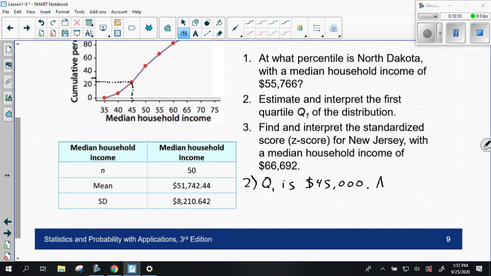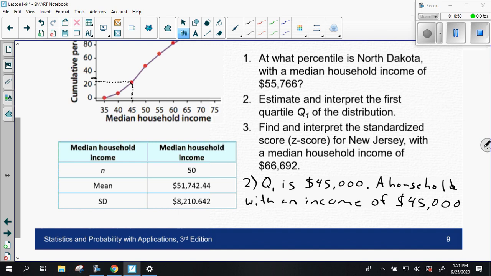A household with an income of $45,000 has a larger income than 25% of households.